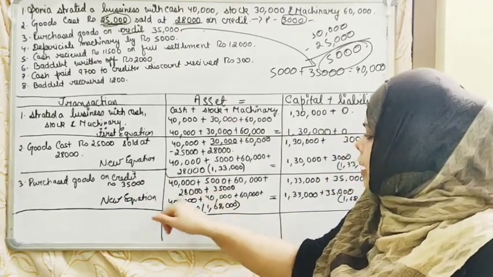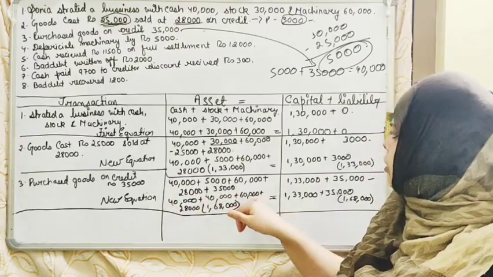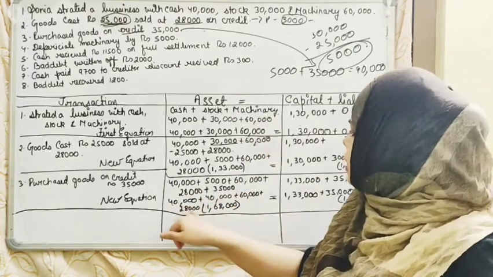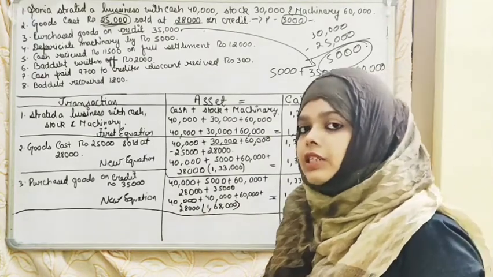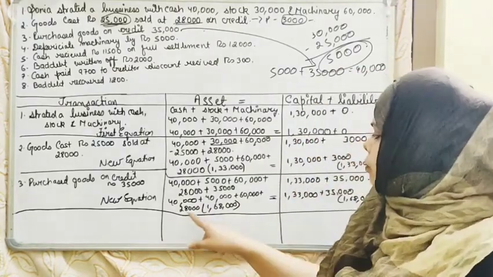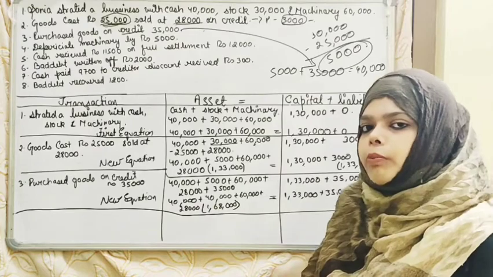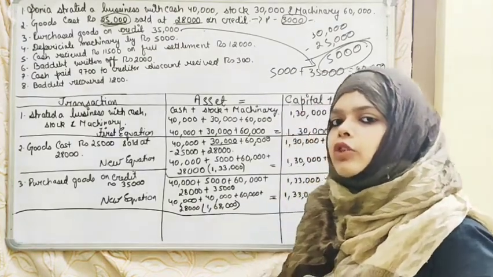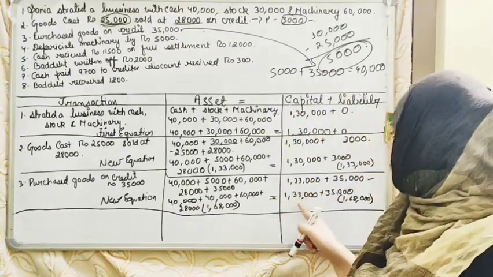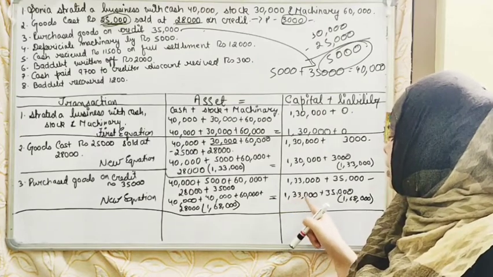So 40,000 cash plus 40,000 stock plus 60,000 machinery plus 28,000, that is credit, that is debtor, debt of rupees 28,000, which comes to a total of rupees 1,68,000 rupees. And here we were having a capital of rupees 1,33,000.